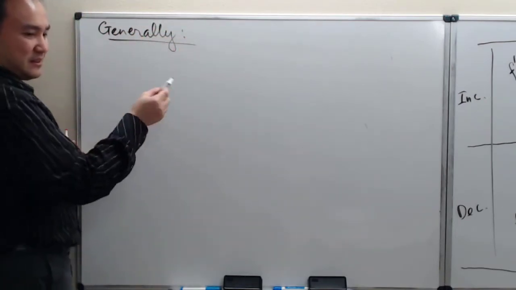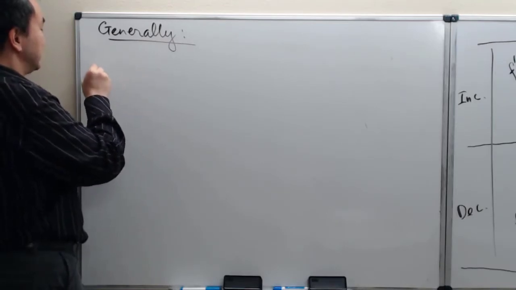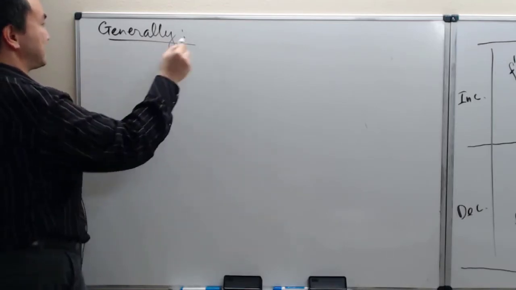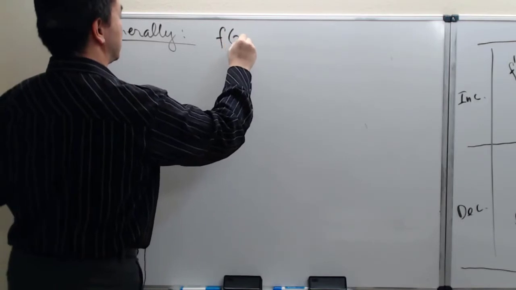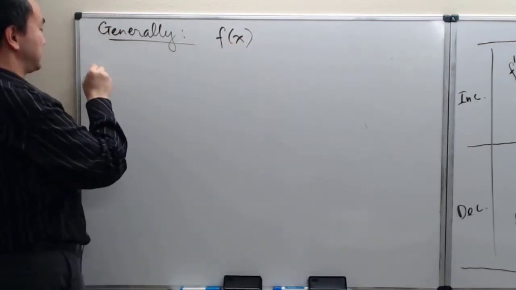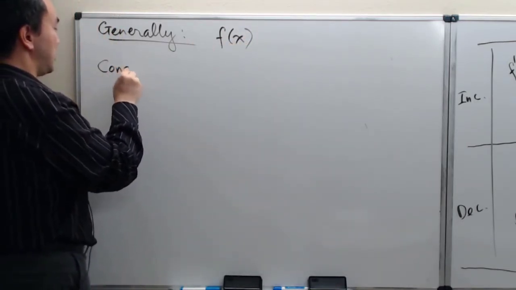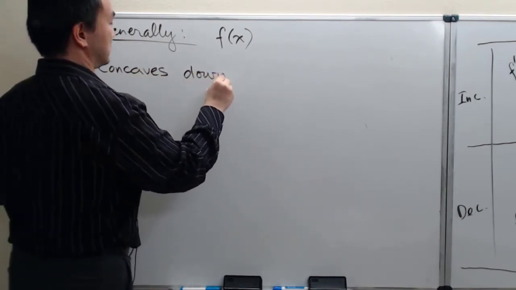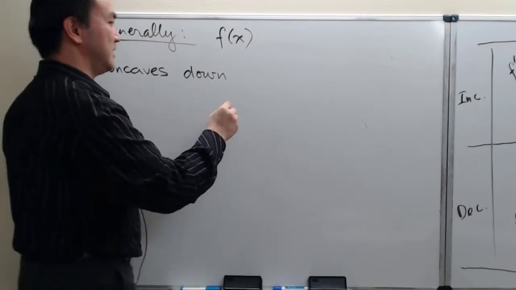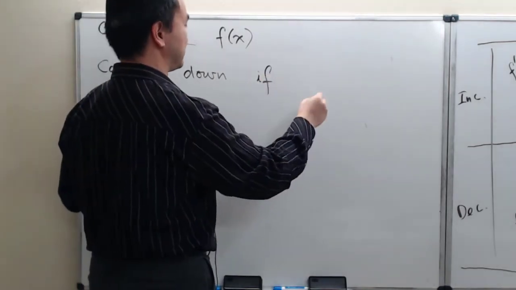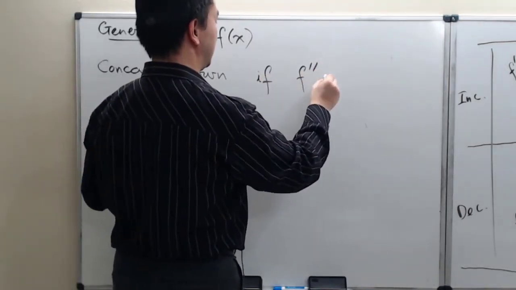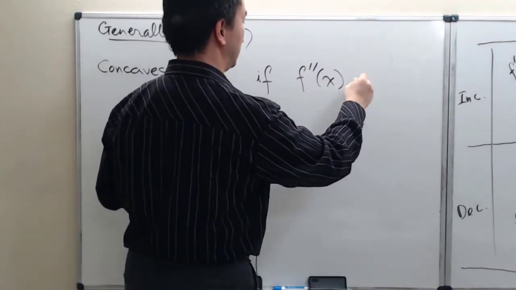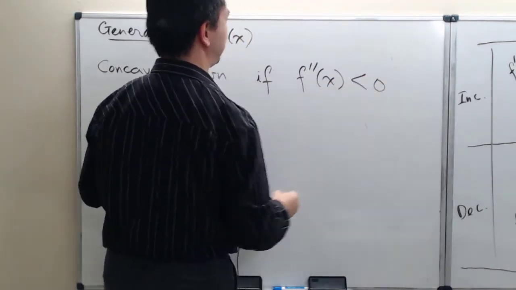So the function f of x will concave down on any interval in general if its second derivative f double prime is negative.